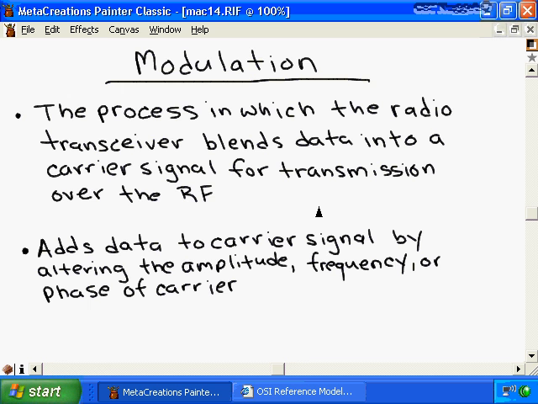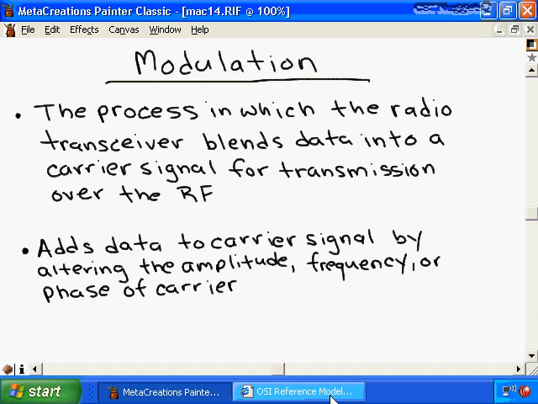Now, if you're not too familiar with the 7 layers of the OSI model, or you just haven't looked at it for a while and need a quick refresher, you can go to any major search engine, Yahoo or Google, and type in OSI model, and you'll get many links for what the OSI model is and the actual diagram.